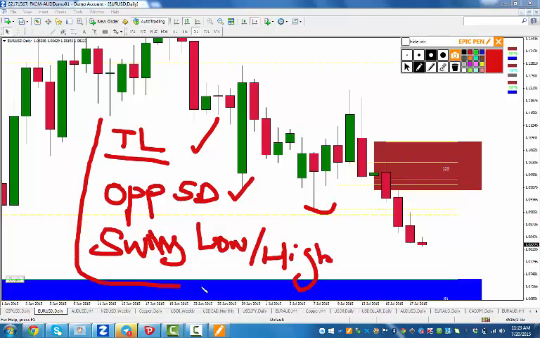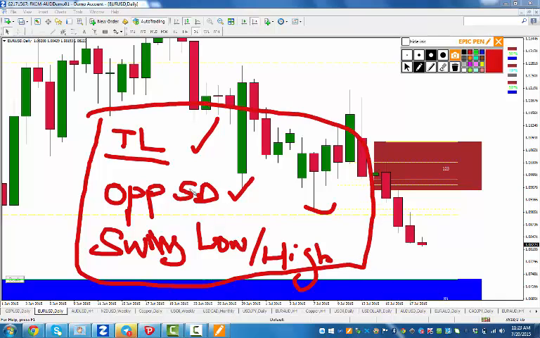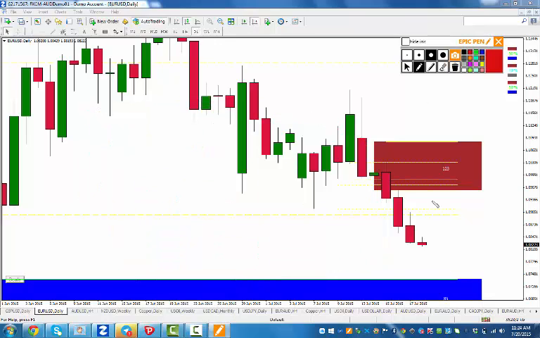So these are the three conditions: once you have any one of these conditions met, the supply demand is considered validated. And why we need to validate our supply demand is because we only trade supply demand which are validated. Simple as that.